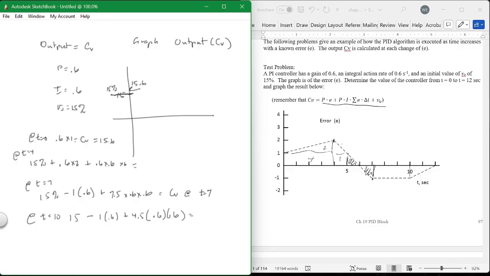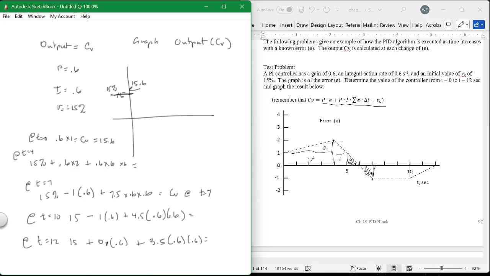Okay, and that's at that, and then at 12, we have 15 minus 0, because we went back to 0, plus 0 for my proportional term times 0.6, plus 4.5, and then we go 2 and we go 1, but it's a half of that because it's a triangle, so minus 1, so plus 3.5 times 0.6 times 0.6, and that is equal to my value at t equals 12.